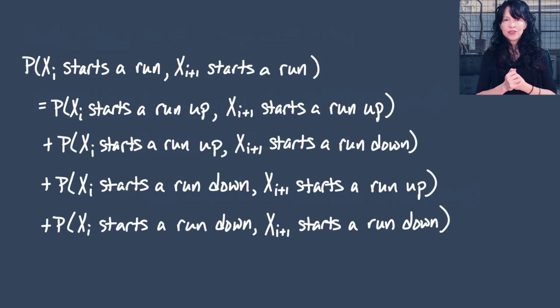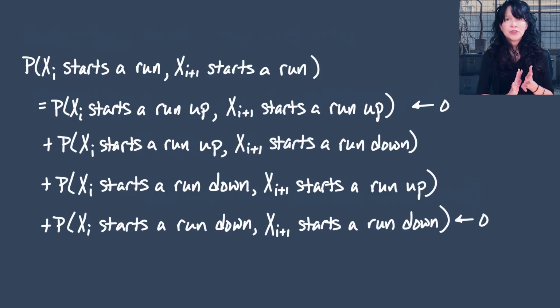If you looked at this first case and said, can X sub I start a run up and X sub I plus 1 start a run up? The answer is no. To start a new run up, you have to have been coming down. So you can't start a run up and then start a run up again with 2 consecutive values. Similarly, we can't have X sub I starting a run down and X sub I plus 1 starting a run down. So this probability is 0 and this probability is 0.